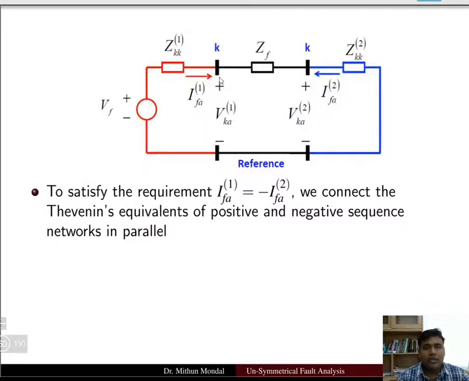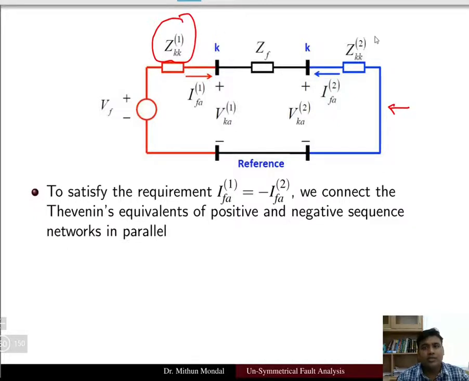Now here we can draw the circuit for the line to line fault. So these represent the positive sequence impedance, this is the negative sequence impedance, and we know that the positive sequence current and negative sequence current are in reverse direction, so we can take a negative direction for this. This is the pre-fault voltage and here you have the fault impedance.